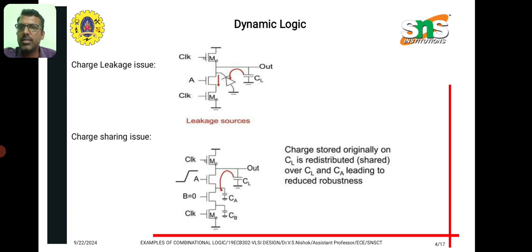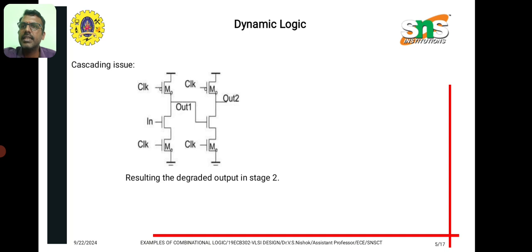So due to this charge sharing between CA, CB and CL, we will have a degraded output in the output path.